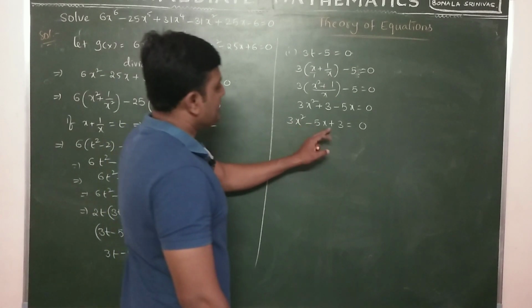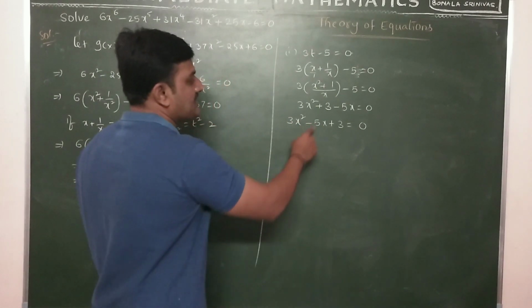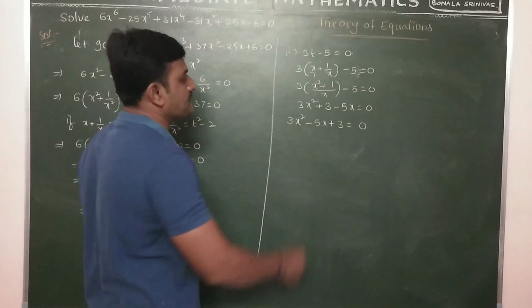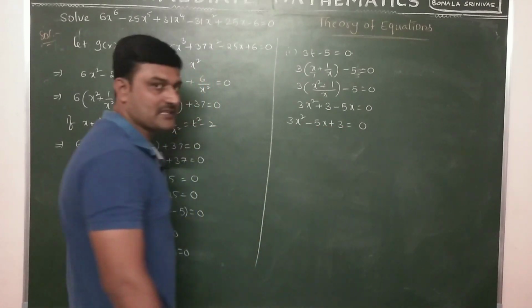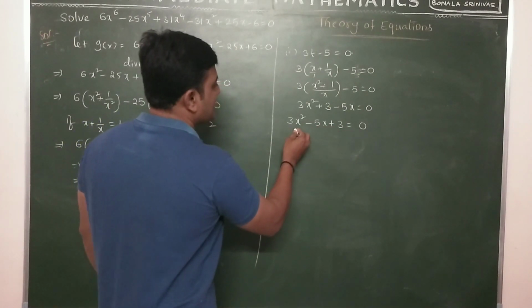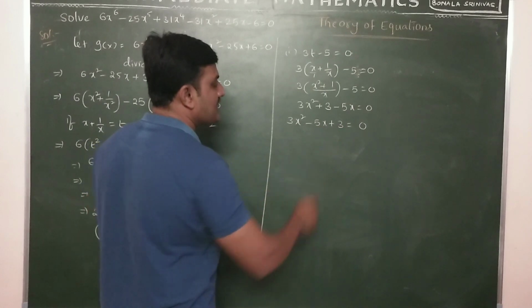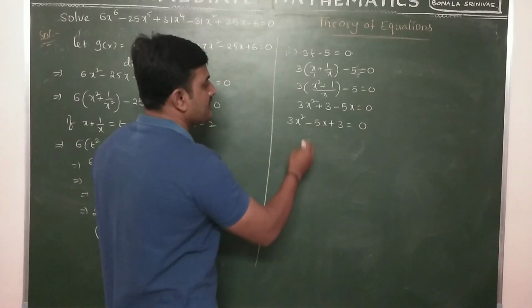Now here, is it possible to take splitting? No. Because 3 threes are 9, but here only 5.